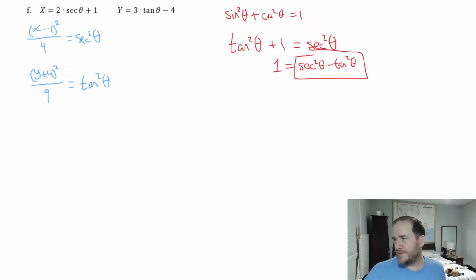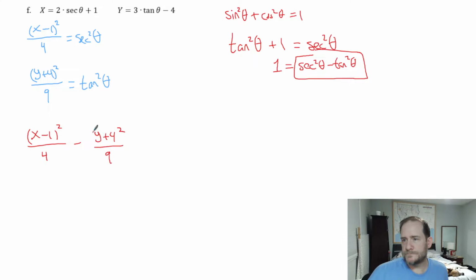Now just make sure you subtract in the right order. Do you want to be doing the y's minus the x's or the x's minus the y's? Because we want to be doing secant minus tan, you obviously want the x's minus the y's. And then that would equal secant squared minus tan squared, so it equals 1. And there we are.